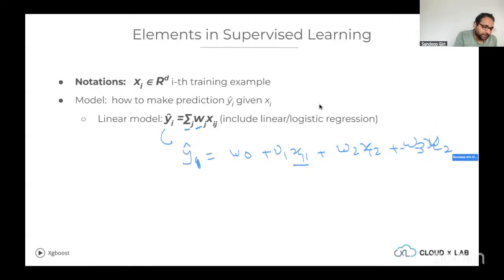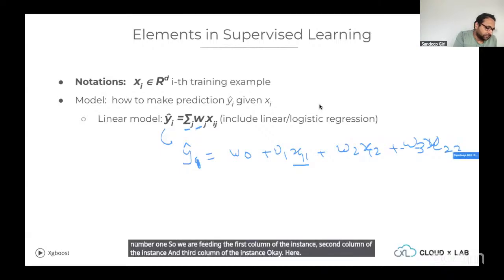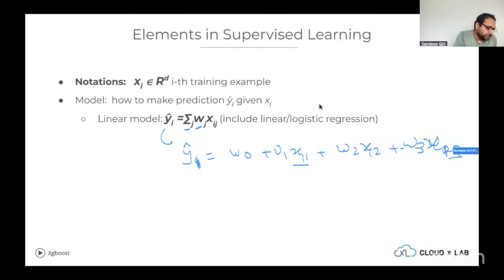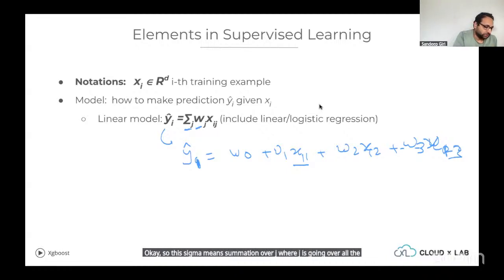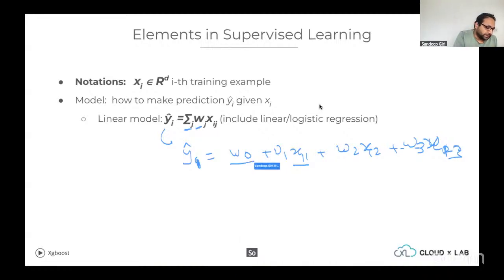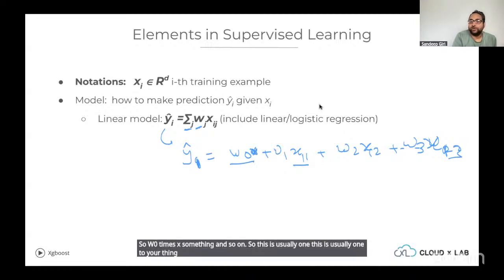This sigma means summation over j, where j is going over all the columns of the data. So W0 times x something and so on. This x0 is usually 1. So just like we had y equal to mx plus c, this is the generalized version of the same.